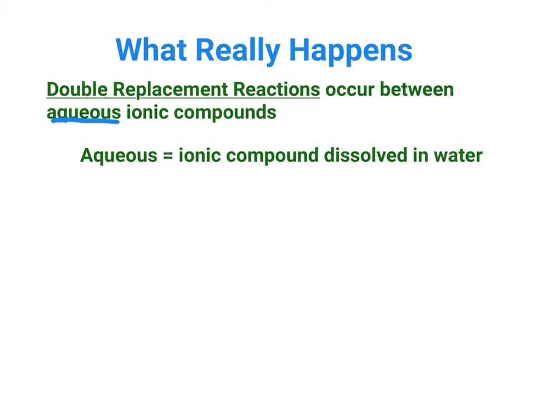This is also important because if you remember anything about the properties of ionic compounds, when ionic compounds dissolve in water, they do something unusual. And what they do is they dissociate. So if you think of the term associate as come together, dissociate is the opposite, and that means fall apart.